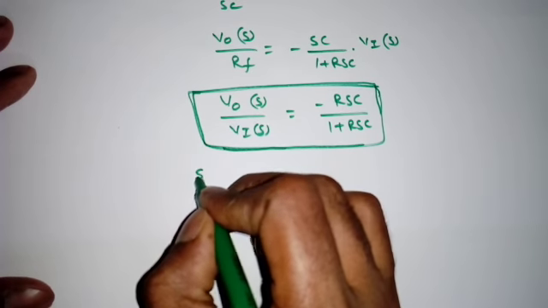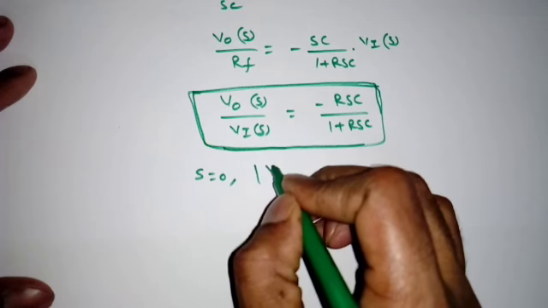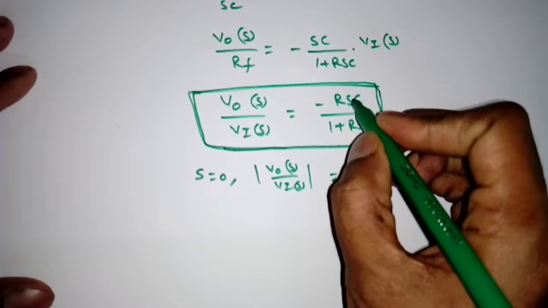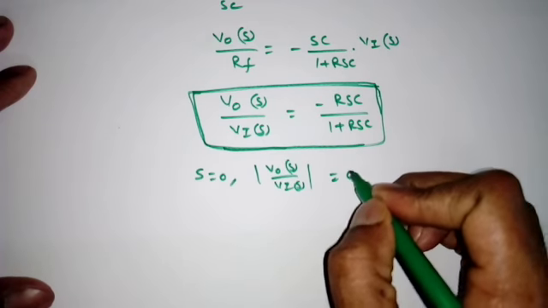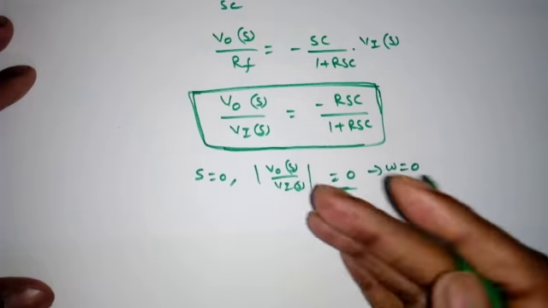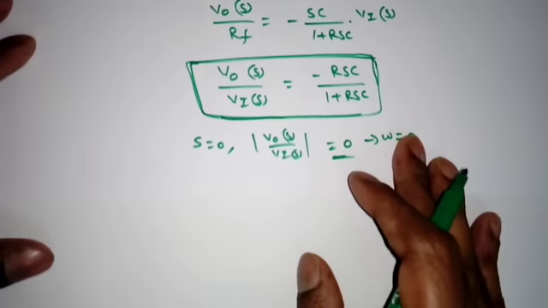There is a frequency term. If I substitute S equal to 0, what is the magnitude of V0 of S by Vi of S? Here S is there, so 0. That means at omega equal to 0, the magnitude or gain of this circuit is 0.